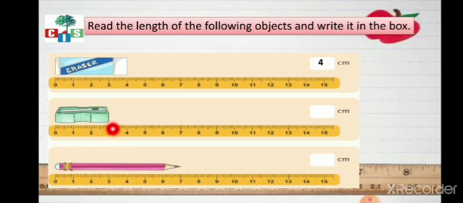So the length of the sharpener is 3 centimeter. And the last one is about the pencil. It starts from 0 and till 7 it is. So the length of the object is 7 centimeter. Right? Now, we should always know which unit we use to measure, whether it is meter or centimeter. So let's start.